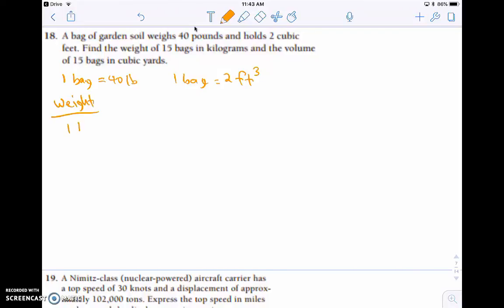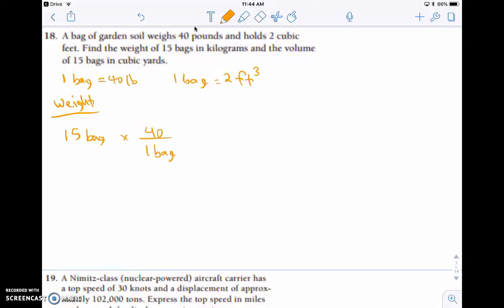So we know that one bag, we are going to first, we want to find 40 bags. So we know that, holy cow, read the problem, 15 bags. Okay, so we're looking at 15 bags, and I want to put my bags in the denominator so those cancel.